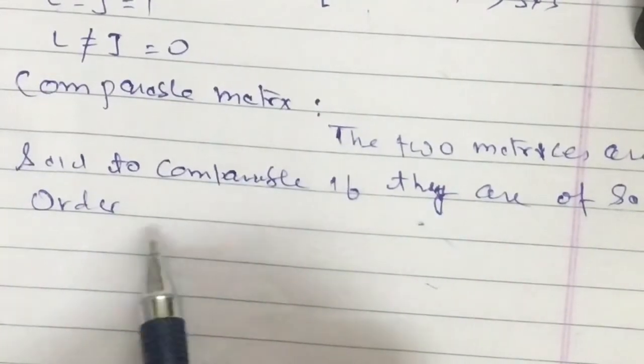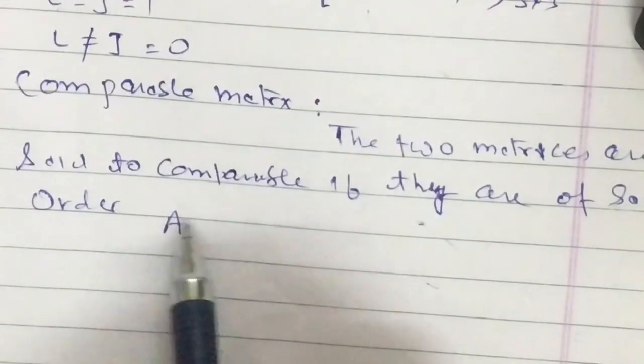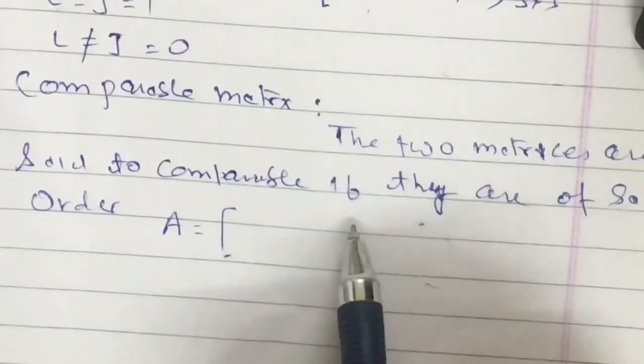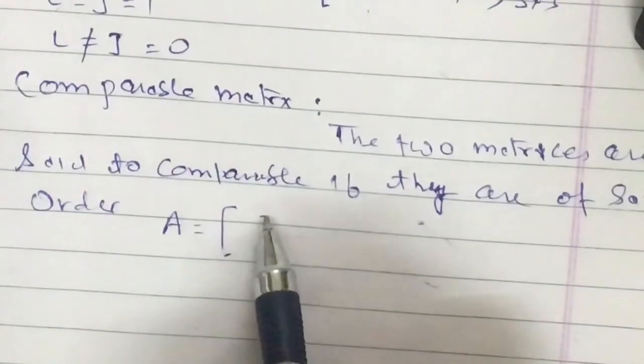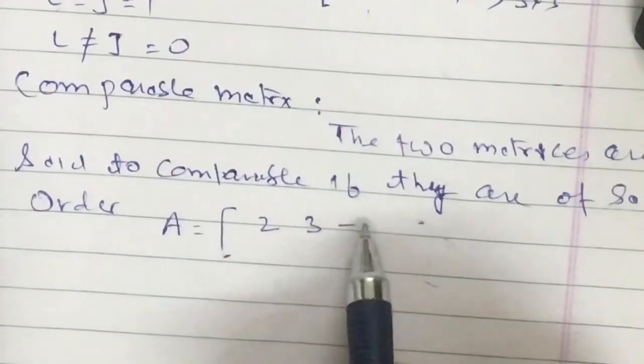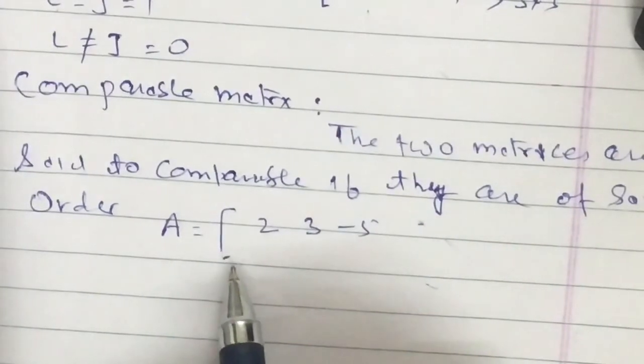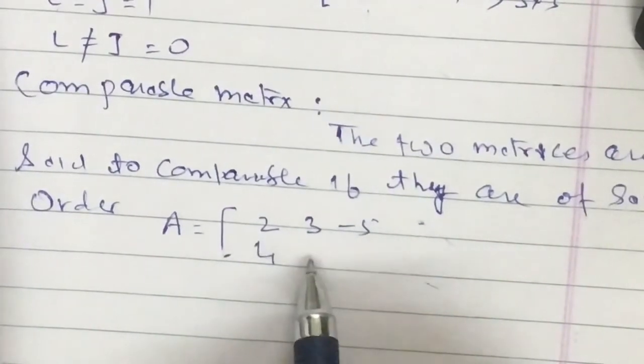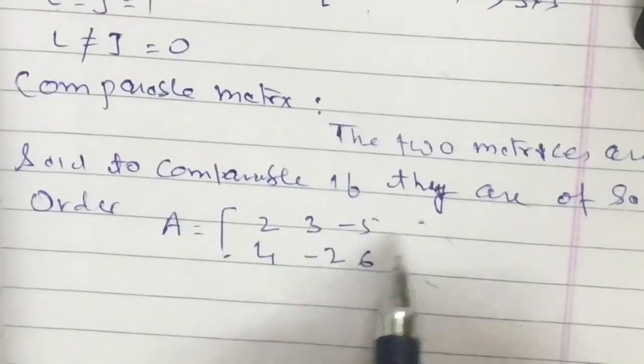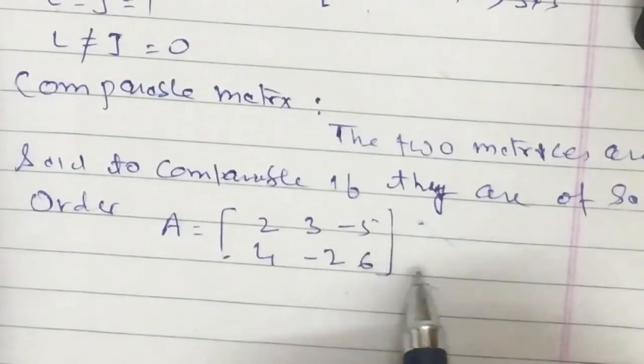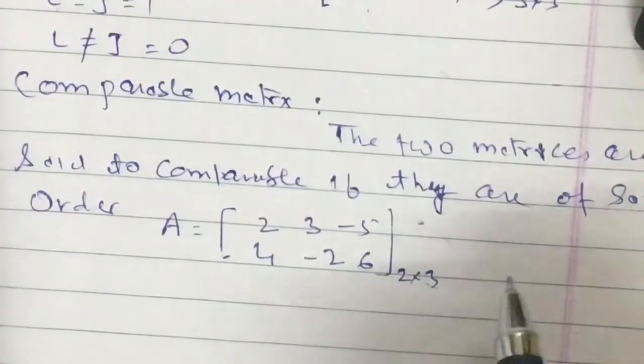For example, let us suppose A is a matrix whose elements are 2 3 minus 5 and 4 minus 2 6. This is 2 into 3 order.